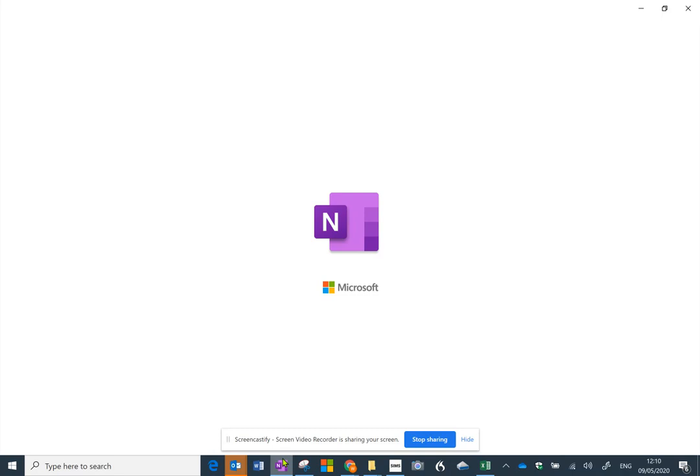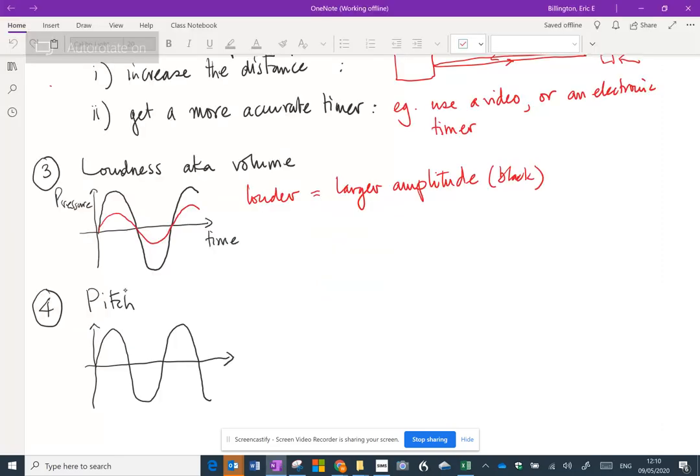Okay, so we want to get a higher frequency sound, and we don't want auto rotate. Go away, go on, hurry up. Higher frequency sound, well, we better know that this is pressure and this is time. So higher frequency means it goes up and down in less time.